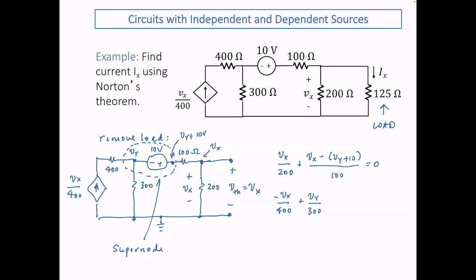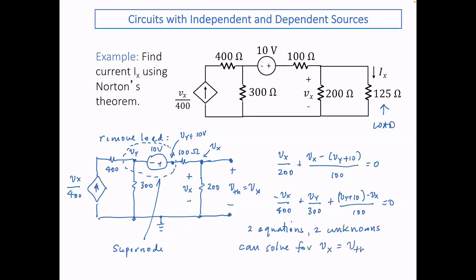That's Vy plus 10 minus Vx over 100. And that will give me 0. So I have two equations, two unknowns. I can solve for Vx, which is VTH.